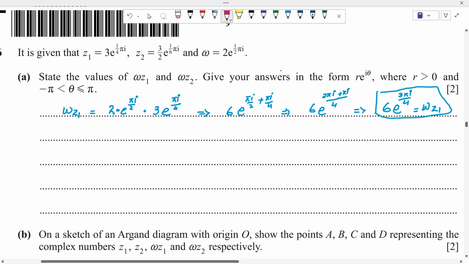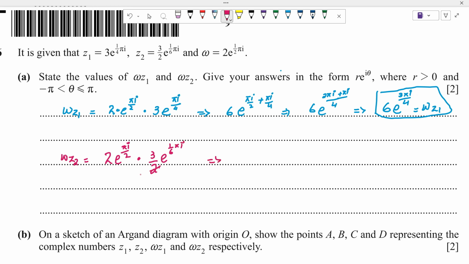Now we need to find omega z2. Omega z2 is equal to omega, which is 2 times exponential of pi iota over 2, times z2, which is 3 over 2 exponential of 1 over 6 pi iota. The 2 will be cancelled out and we will have 3 exponential of pi iota over 2 plus pi iota over 6.